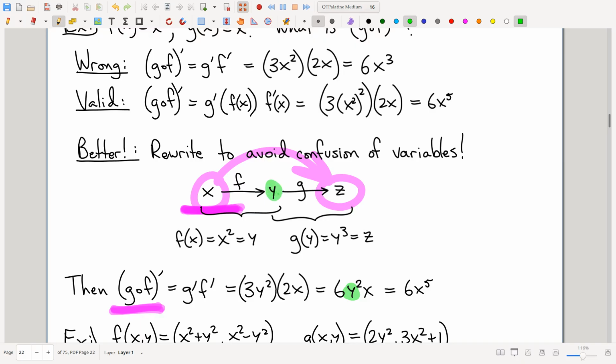The thing that went into g, oh well, it's the output from f. And so that y is x squared. And then you plug in and do the algebra and boom, victory. So, short version, don't confuse your variables and everything goes through very conveniently. Big point: don't confuse your variables.